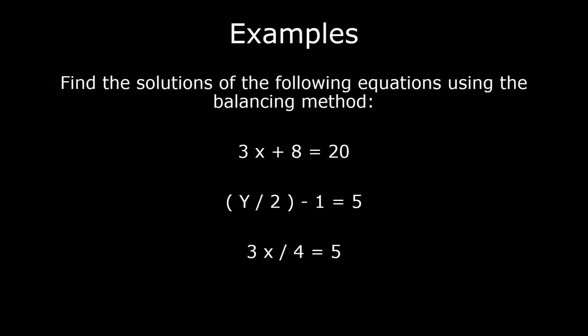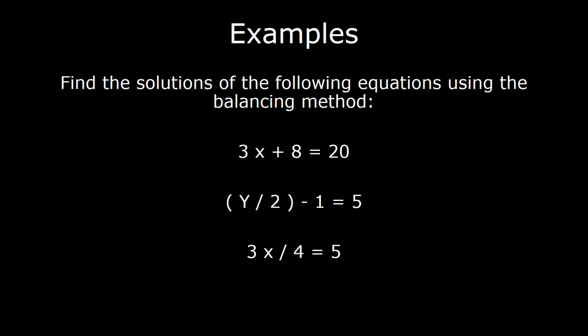Let's subtract 8 from both sides of the equation because we don't want that plus 8 on the LHS because we want x to stay alone. So we need to do it on both sides. So 3x plus 8 minus 8, 3x. LHS is now 3x. And the RHS, which was originally 20, becomes 20 minus 8, so 12.